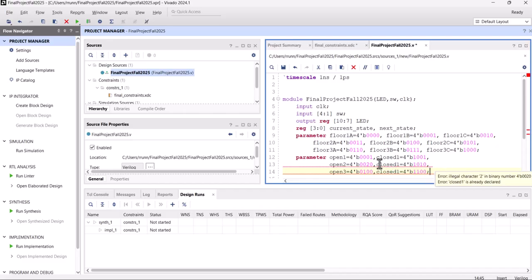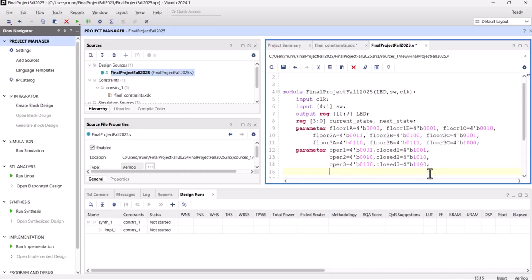All right, so then you're going to have 3 always blocks.